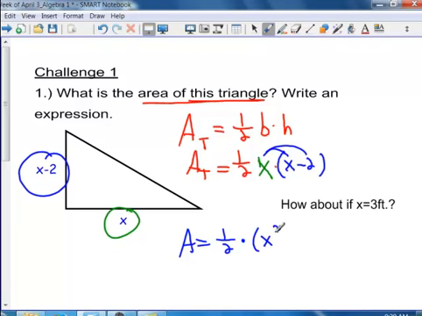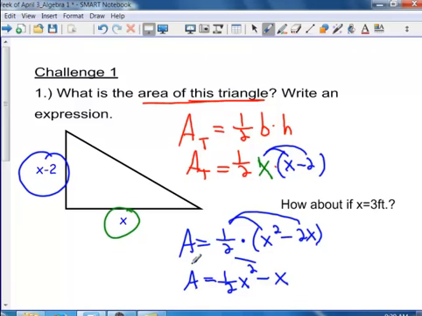It's going to be x squared minus 2x. So we're going to have to think about that as a half. So the area is 1/2 x squared minus, well, 1/2 of 2 is 1, so it's just going to be simply x. So that's the area, okay?